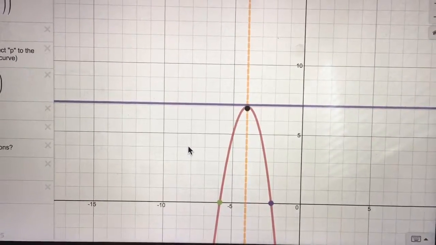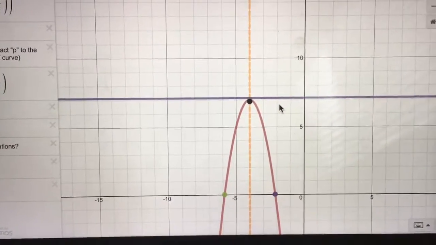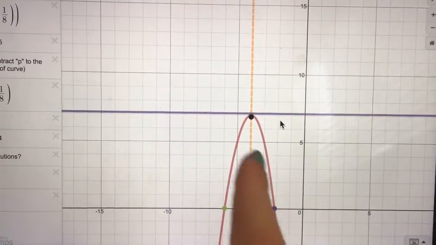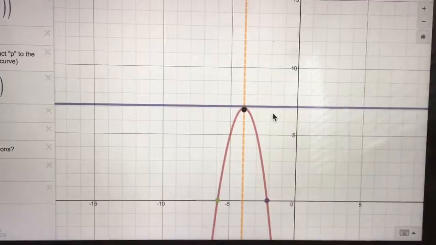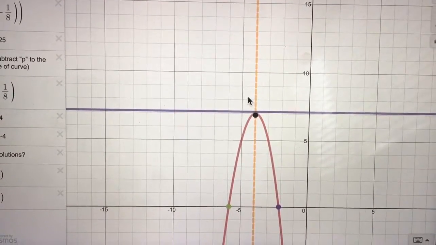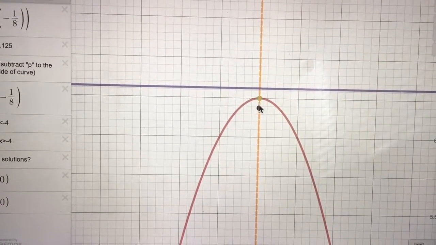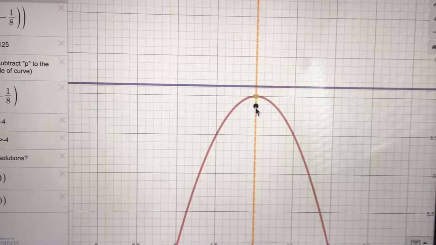To relate this to real life, you can imagine that this is the flashlight head and the light comes out down here, and if we zoom back in, this is where you're going to put the light source, and it's going to be the best place.